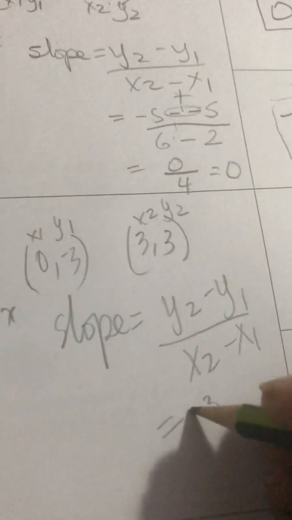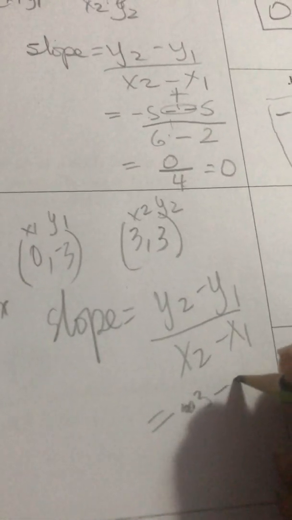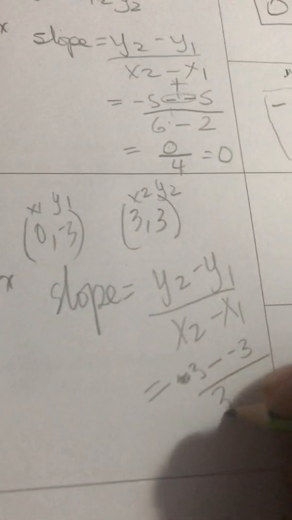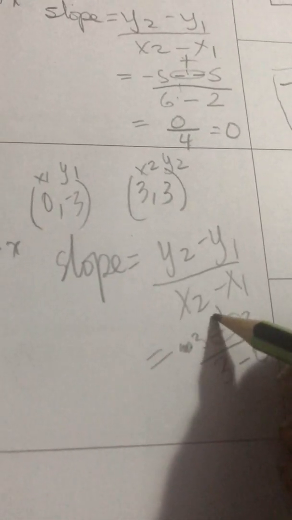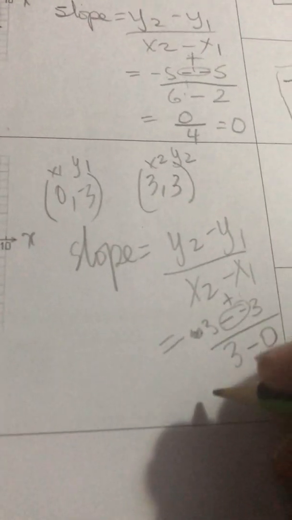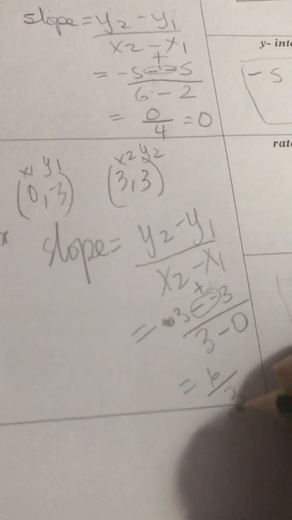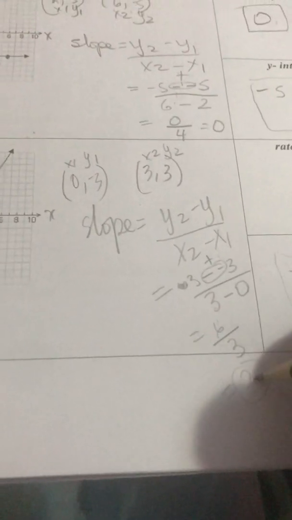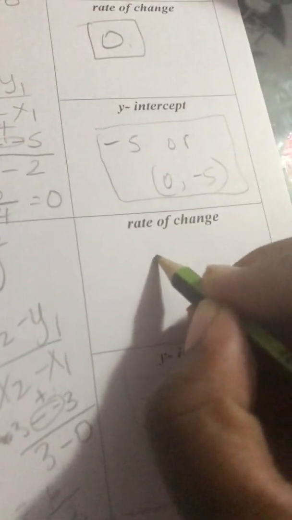No, y2 is 3. It's not -3. y2 is 3 minus -3 over 3 minus 0. This becomes plus. 3 plus 3 is 6, and 3 minus 0 is 3. 6 divided by 3 is 2. My answer is positive. That's how I know I am correct. My rate of change is 2.